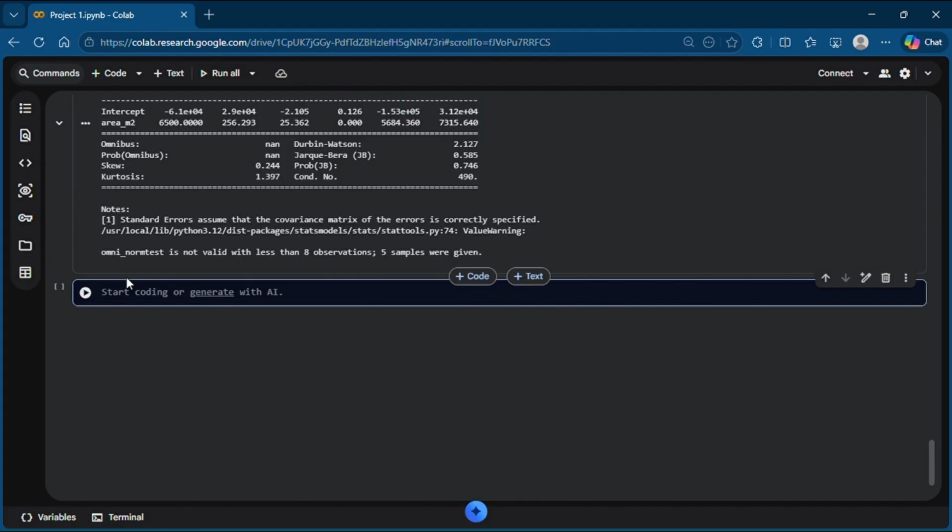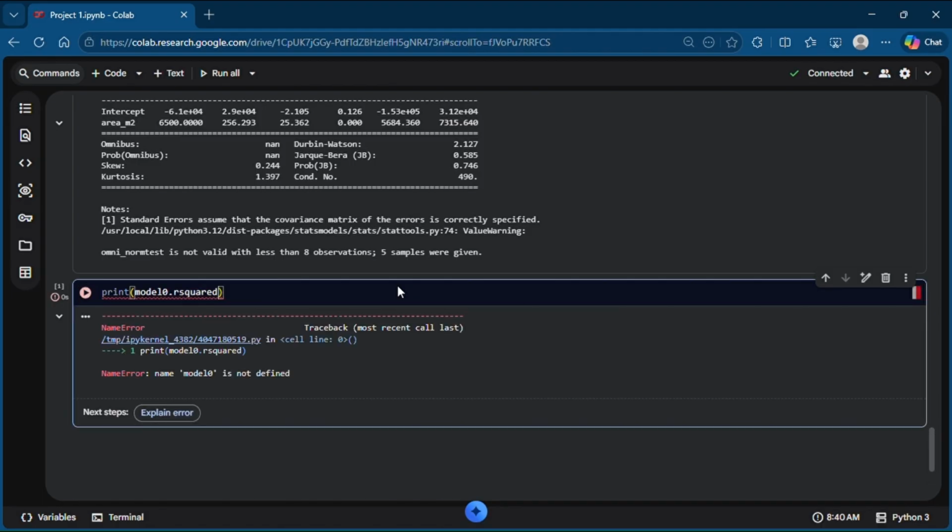Okay, so let's print model.rsquared. The closer R squared is to 1, it means that the model is very well explained by these variables, right?